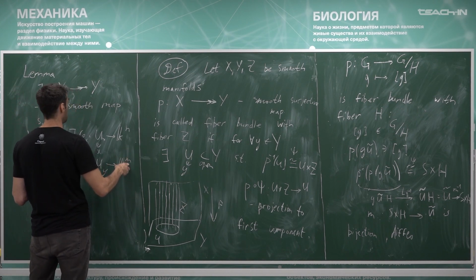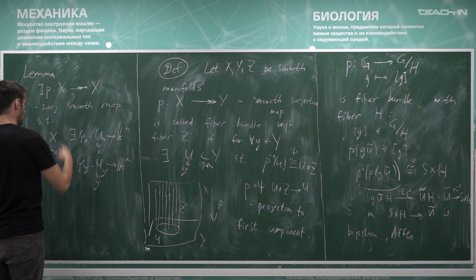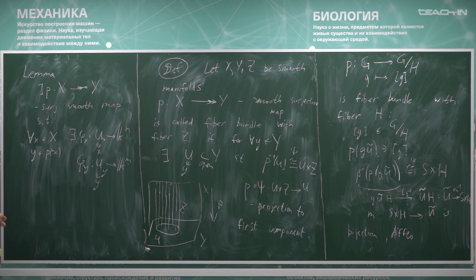So here m is the dimension of Y, n is the dimension of X. And in these coordinates, our P looks like this.